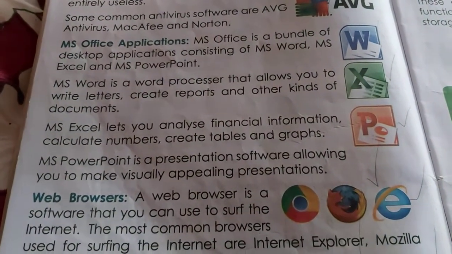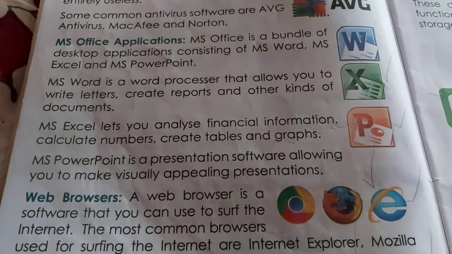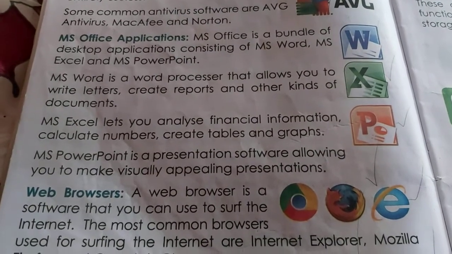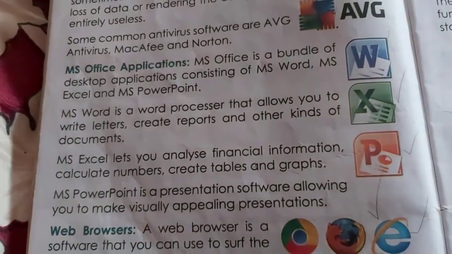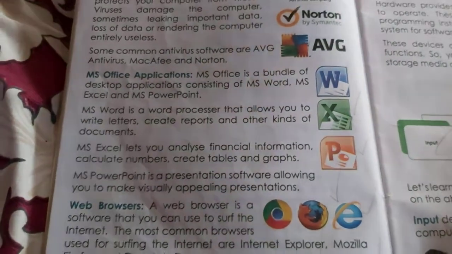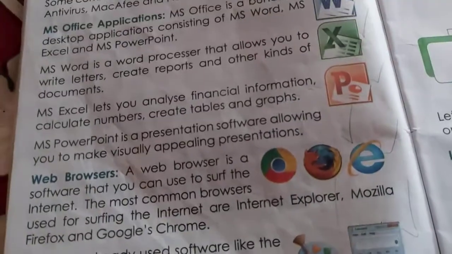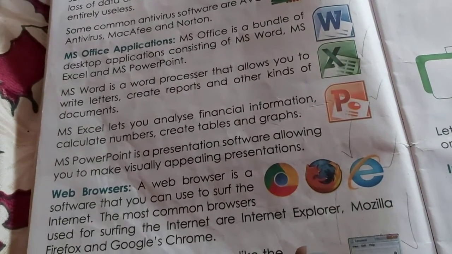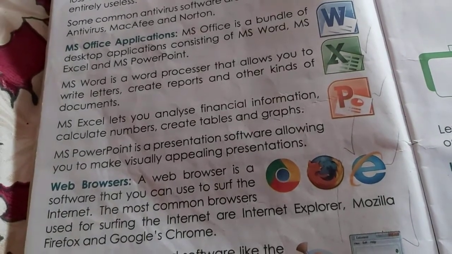MS Word is a word processor that allows you to write letters, create reports and other kinds of documents. In MS Word you can write letters, create reports and any other document.